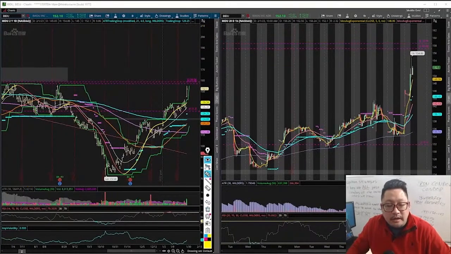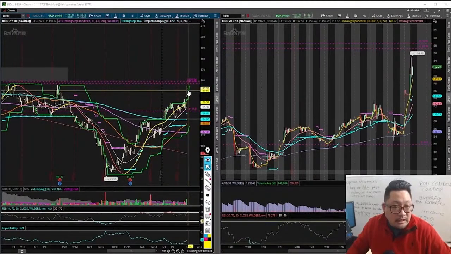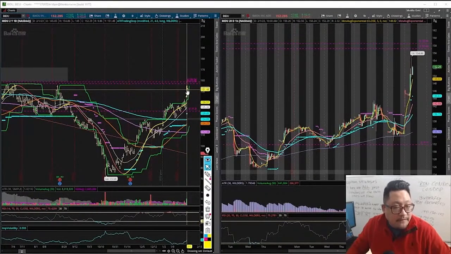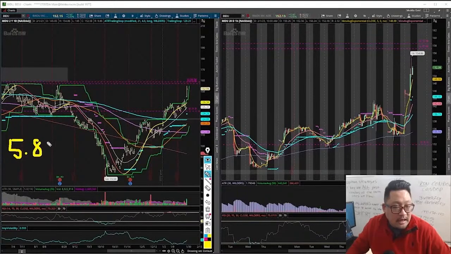So on screen right now, we have Baidu, okay? So if we look down here at Baidu, their ATR is currently at 5.82. So that means on average, Baidu moves $5.82 a day from high to low, okay? So high to low.